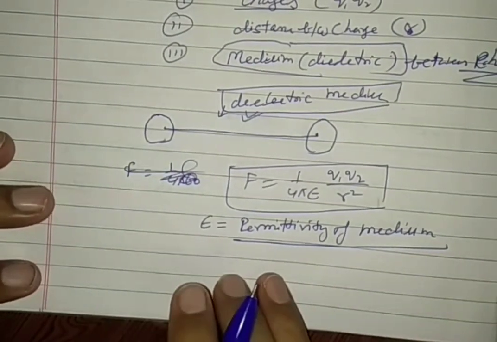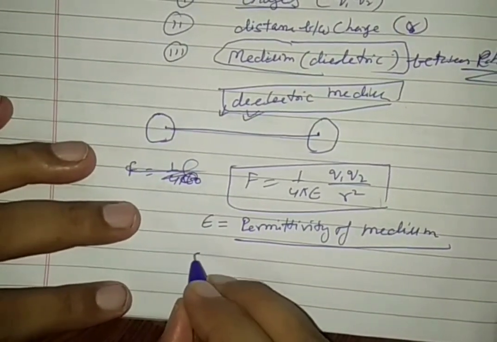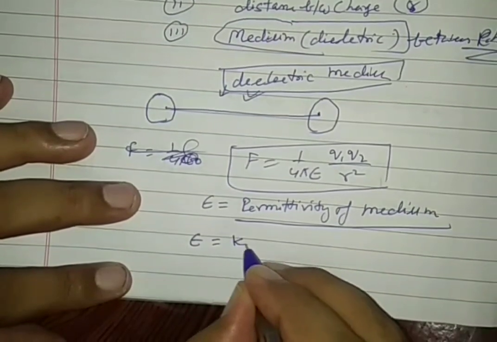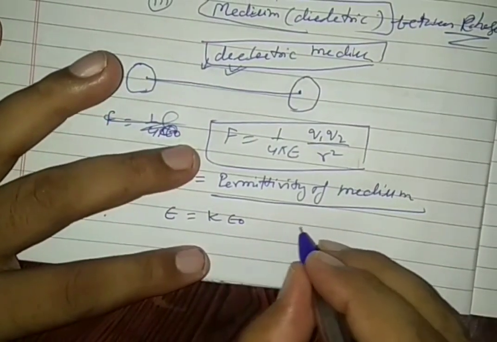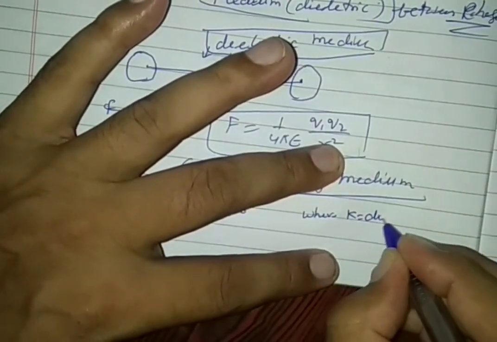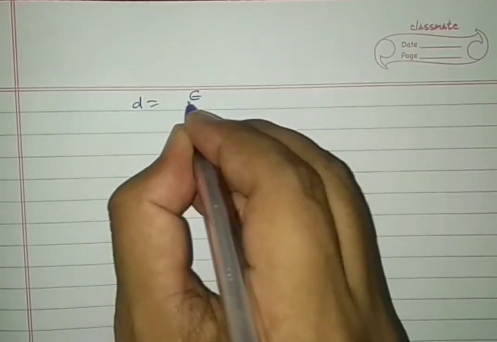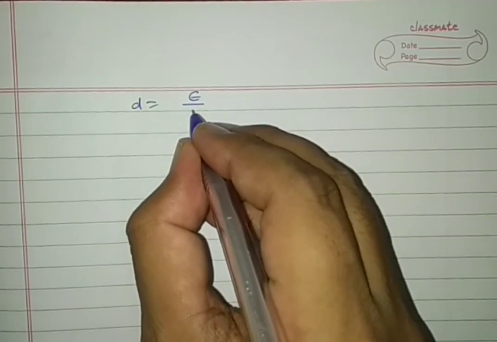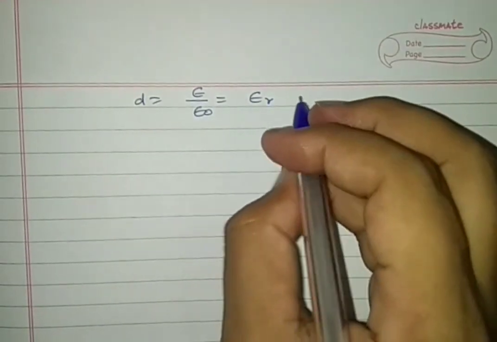See very carefully. Epsilon is known as permittivity of the medium, and this epsilon is equal to k into epsilon naught. It is given where k is called dielectric constant. So dielectric constant k is given by formula epsilon by epsilon 0. This is also represented by epsilon r.